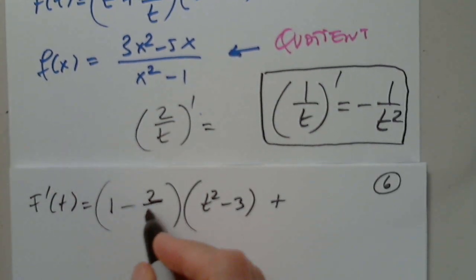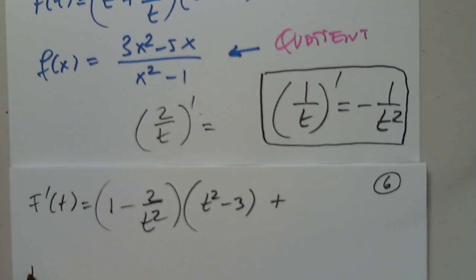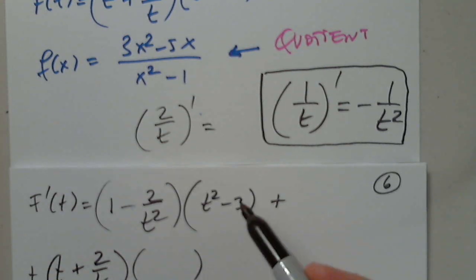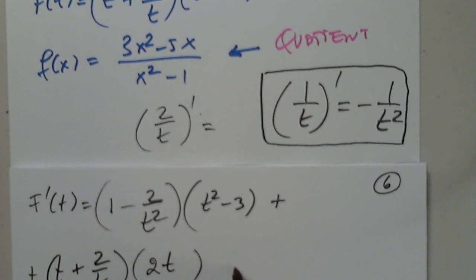Brilliant. Thank you. Plus the first one now, t plus 2 over t. Can anyone differentiate t squared minus 3 for us? 2t. Thank you. And so on and so forth.